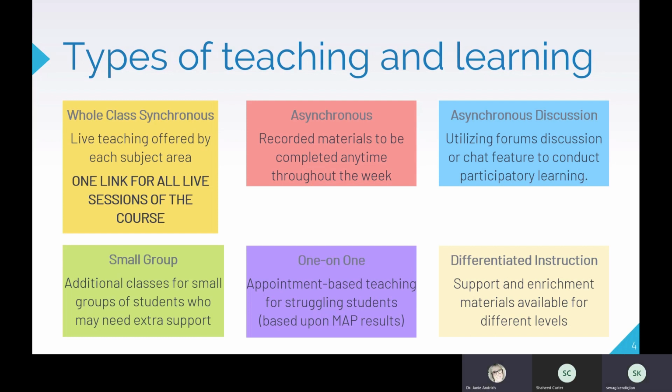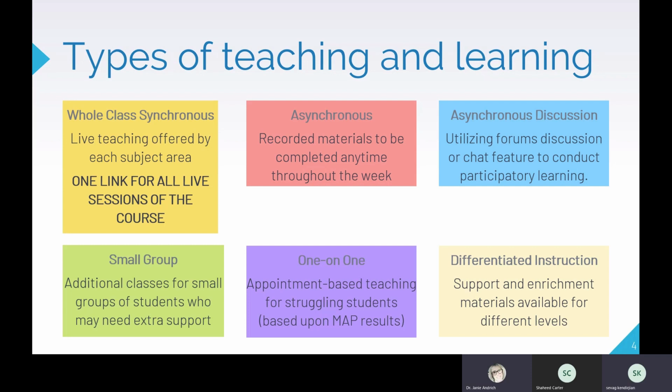We will have small groups also. Those are small groups like classes for students to have extra support if needed. When teachers see that certain students need additional support, the students will be grouped as small groups for receiving additional extra support.